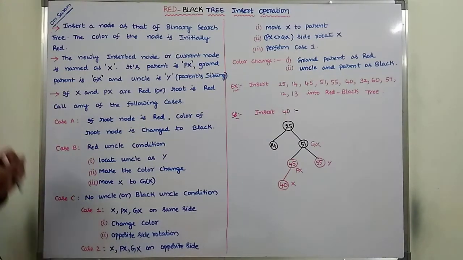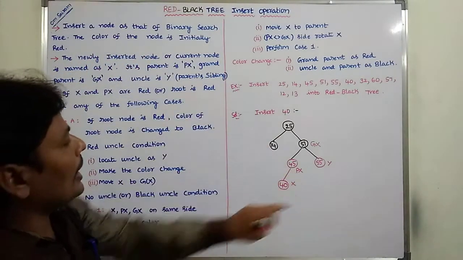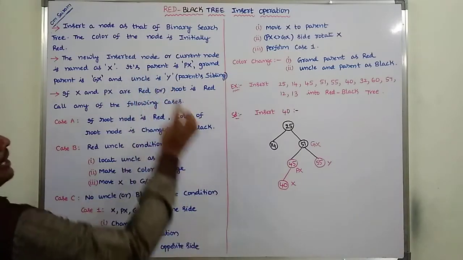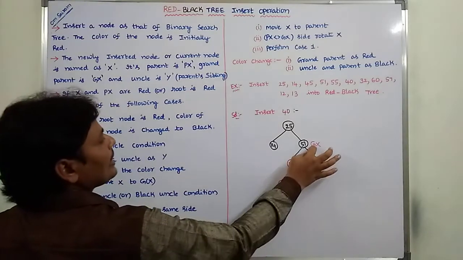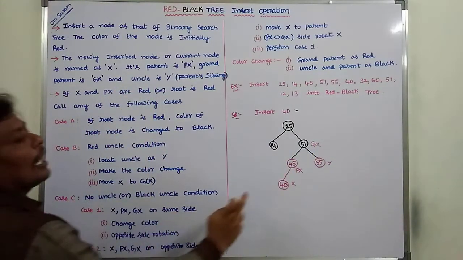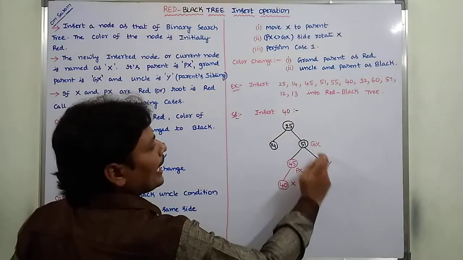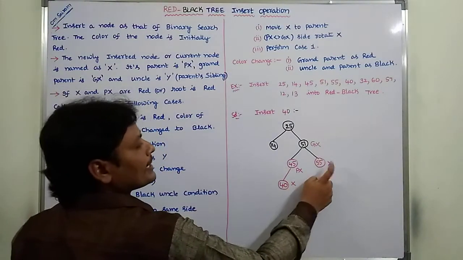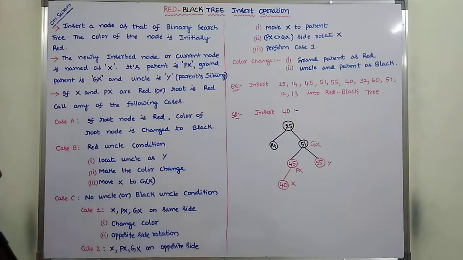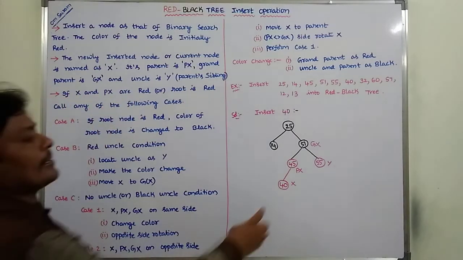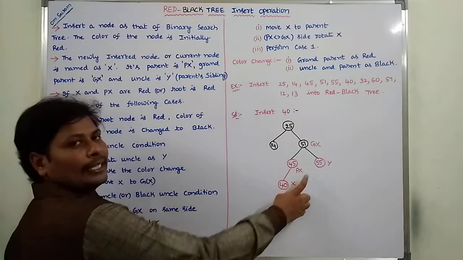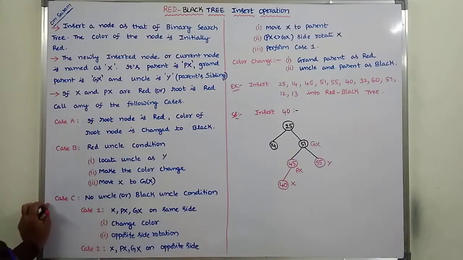The newly inserted node is x, its parent is px, its grandparent is gx, and its uncle is the parent's sibling or grandparent's son, which is denoted by y. Next, if x and px are red. Yes, x and px are red. Then among these three cases, whichever case is true, that case is to be followed.